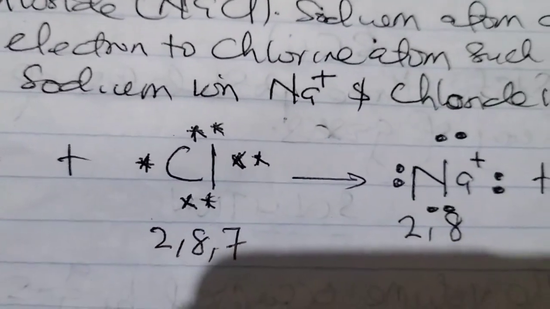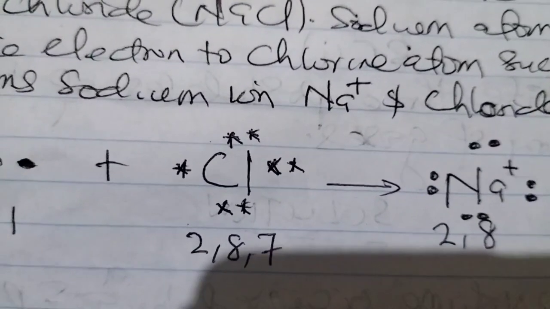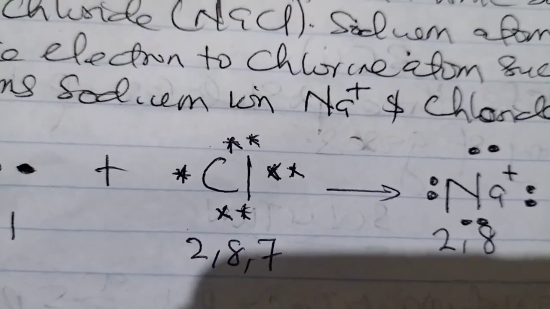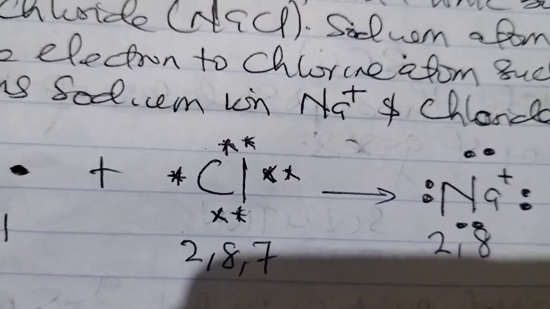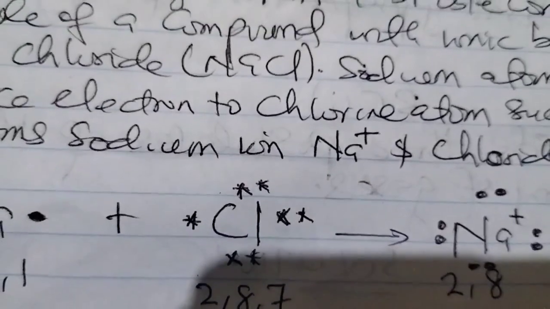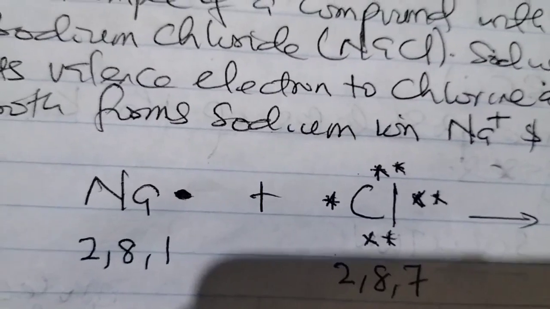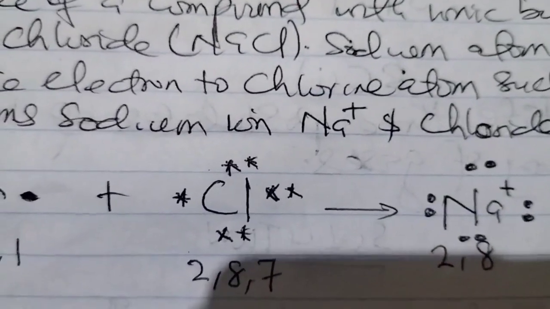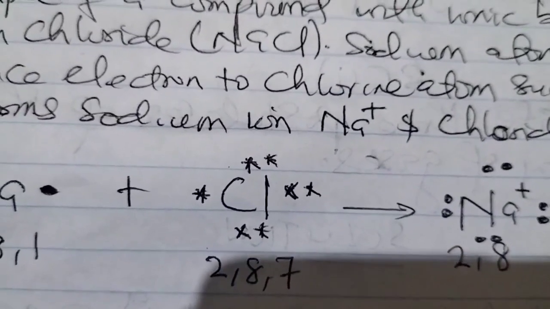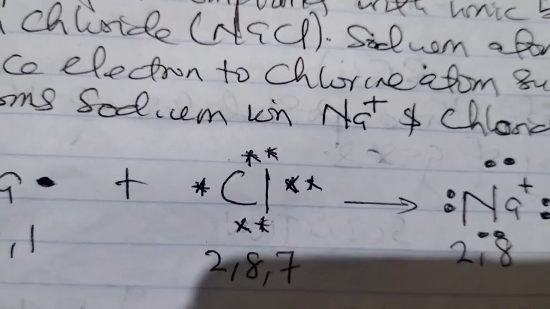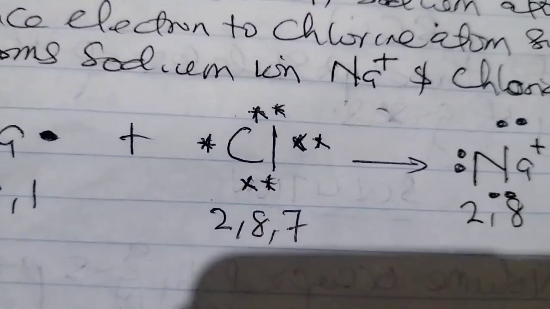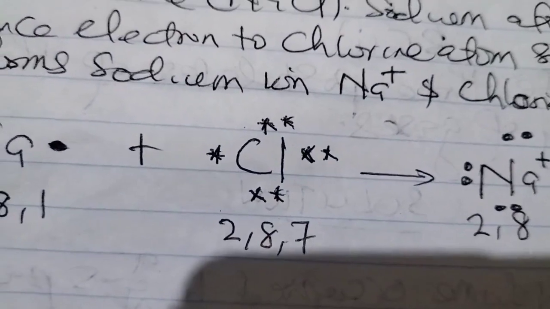Since we used dot for sodium, we'll use asterisk for chlorine. 7 electrons, putting one along the 4 cardinal points, one on the north, one on the south, one on the west, and one on the east. After that I now start doubling them. So after doubling them, we now have 2, 4, 6, 7 electrons in the outermost shell.